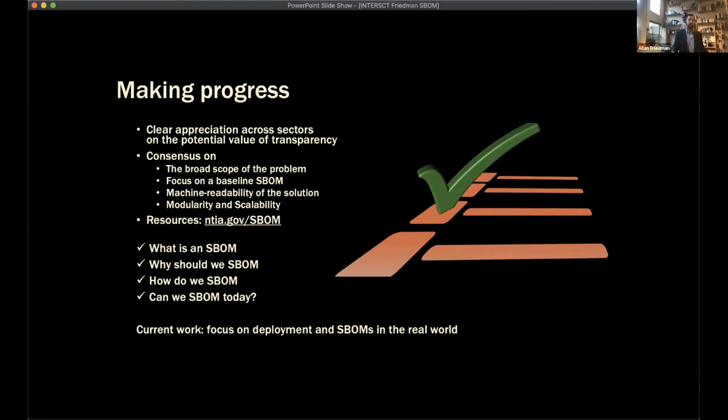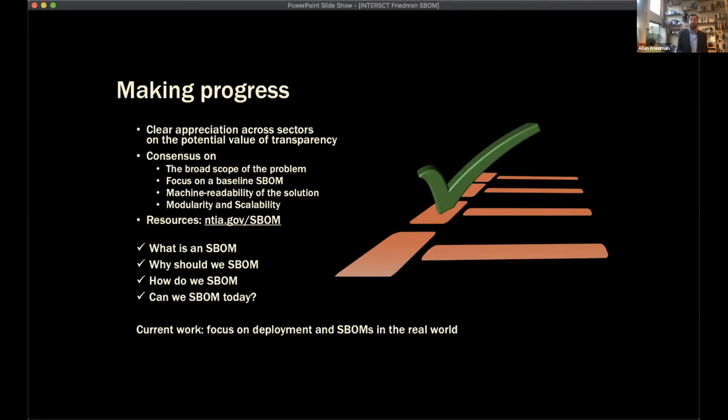Those of you who come from the standards world know that if you try to build a standard that solves everything, it will be lovely, but no one will ever use it. So we're emphasizing scalability, modularity, and machine readability. If this is happening by hand, we're doing it wrong. So it needs to be machine readable, it needs to be scalable, and it needs to be modular. Again, making sure this can fit in with your other solutions that you like. There are some resources, and I'll plug this URL again if anyone's curious, ntia.gov/SBOM.